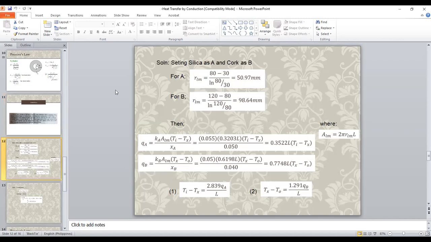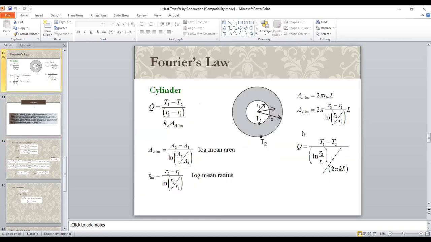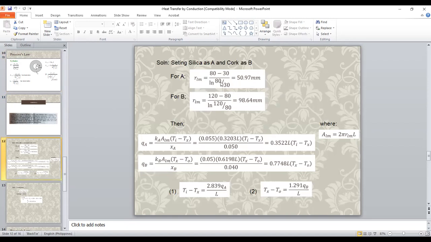So for the solution, in this case, I set silica as A and cork as B. So for A, this is our log mean radius, for us to be able to use the formula here of the log mean radius, this one. Now, for A, we have the log mean radius as 80 minus 30 divided by Ln of 80 over 30.